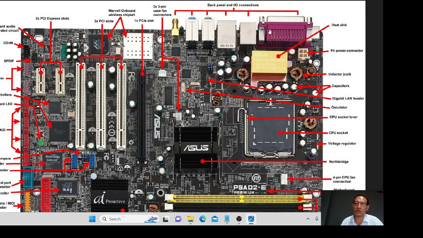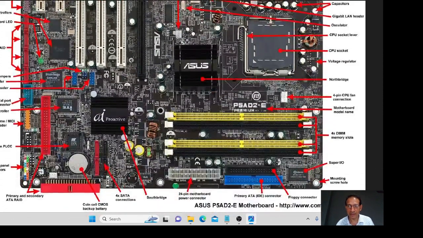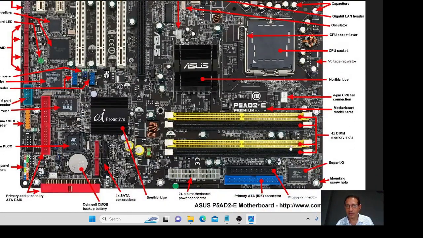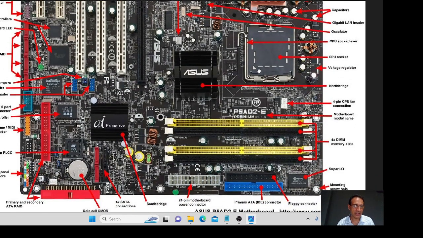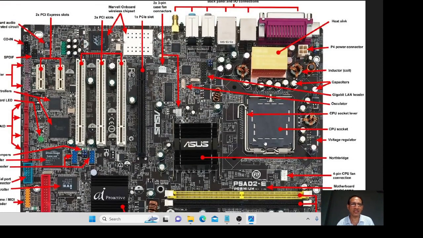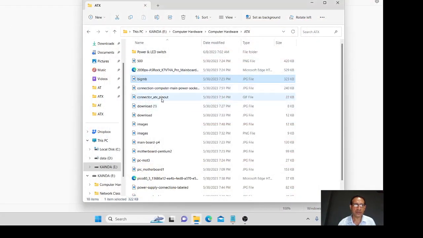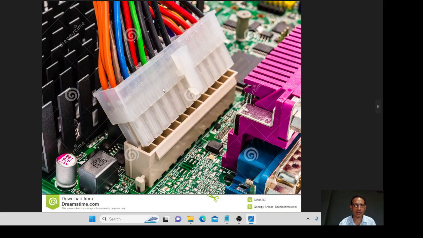The serial port is just below; it is not in view here, but I will show you that in a different angle. Right, and sometimes it might not be very clear, but the BIOS and the CMOS are already available on this motherboard. We'll just move forward to another motherboard or some connectors.